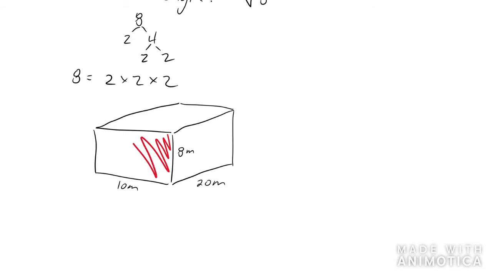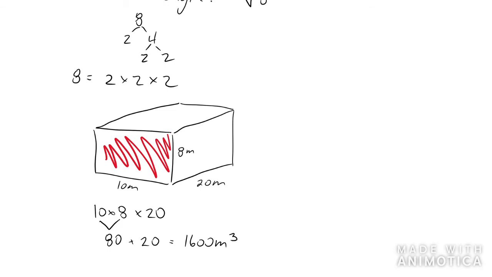So we'll do the front. So we're going to find the area of that, and then we're going to multiply by the other measurement. In this case, it's going to be the length or width. So we have 10 times 8 times 20. So the 10 times 8 gives us 80 times 20. That gives us 1,600 meters cubed.